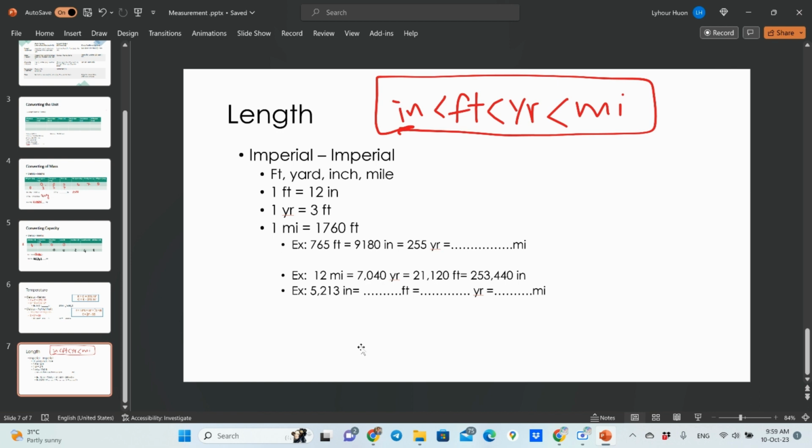Is equal to... I got a remainder. Should that be right? Yeah, yeah.